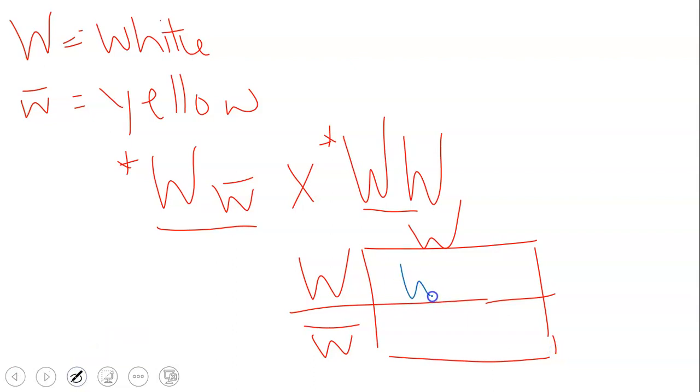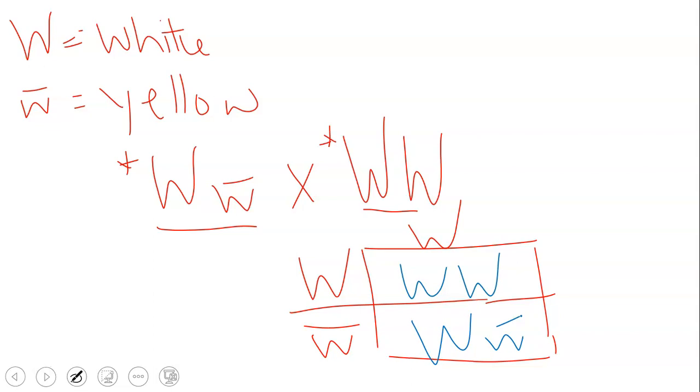So this first box will be big W, big W, and the second box is going to be big W, little w. So, for a phenotypic ratio here, you would say 100% of the offspring will be white-fruited plants. Now, a genotypic ratio would be 1-to-1. Okay, 1-to-1, homozygous dominant to heterozygous.